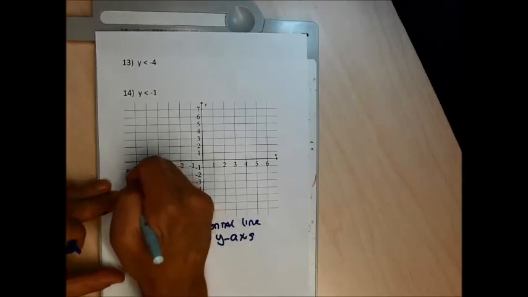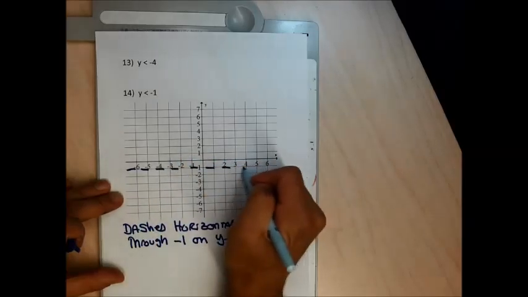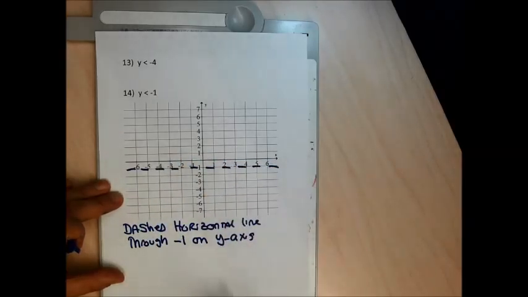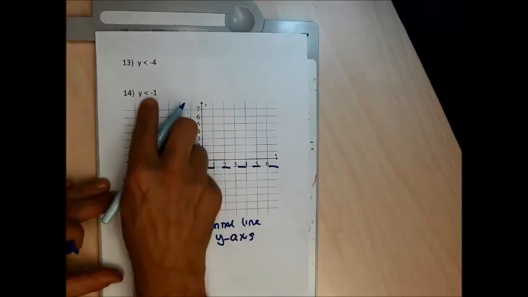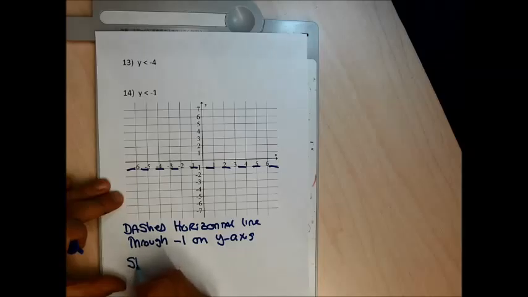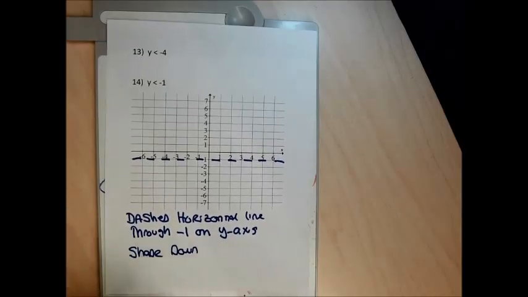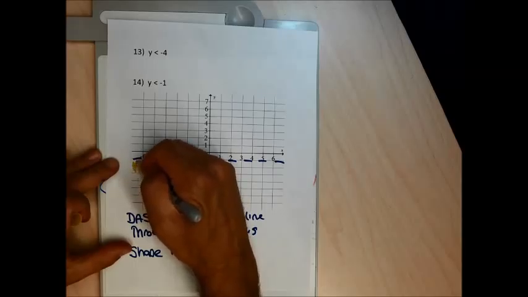I'll find negative 1 on the y-axis, draw a dashed horizontal line, and it says I want y's that are less than, and because y's get smaller as I go down, I'm going to shade down as opposed to up. So for y's, greater thans you shade up, less thans you shade down. For x's, greater thans you shade right, less thans you shade left.